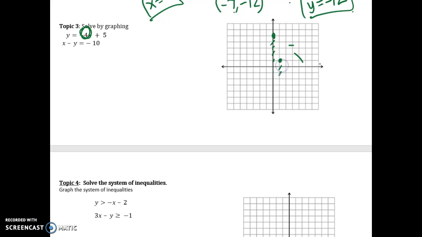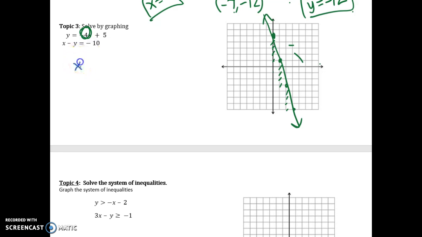When you're doing this, you want to fill up your whole coordinate plane. And so those are your dots. And now we'll graph the other line. Now there's two different ways to graph the other line. You can get y by itself, or you can plug in 0.